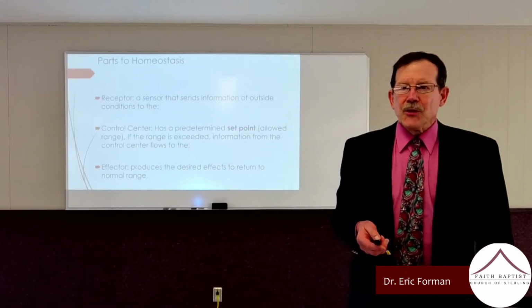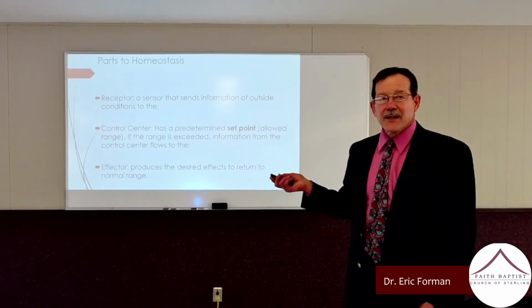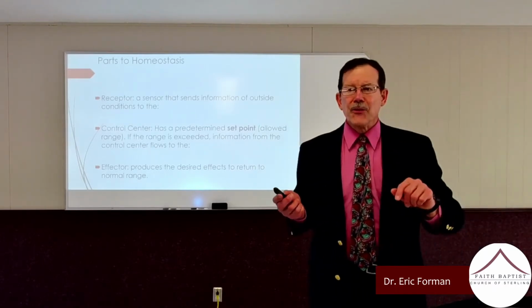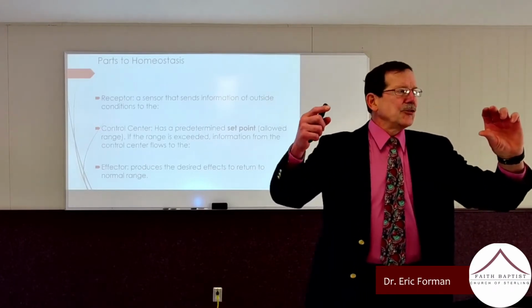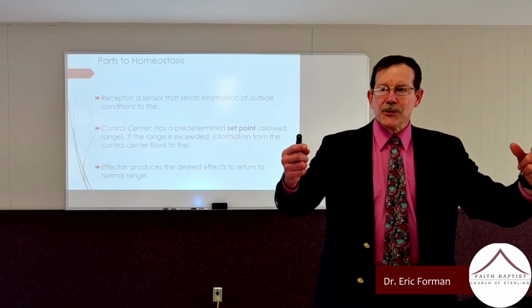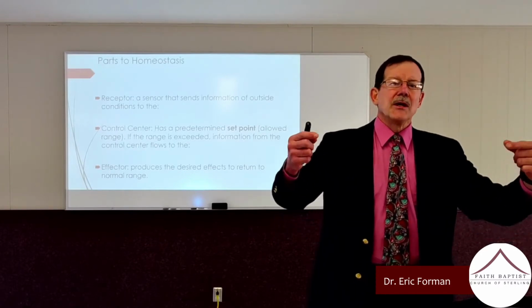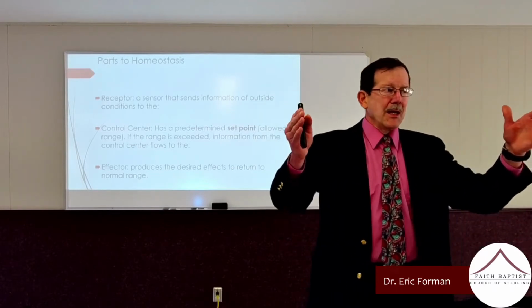So remember the parts to homeostasis. The receptor, the control center, and the effector. And what we did is we talked about the thermostat. It tells you what the temperature is. If it gets too cold, then the furnace kicks in the winter, the air conditioner kicks in the summer, and it brings you back to where you have to be.